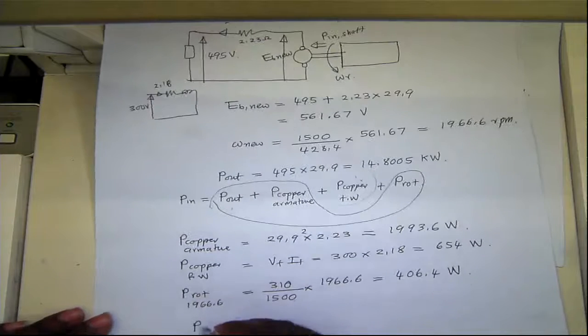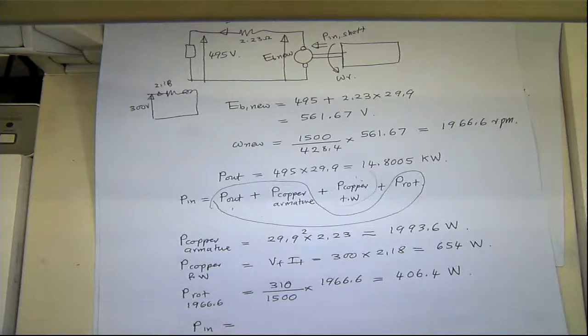So P in will be 406.4 plus 654 plus 1993.6.